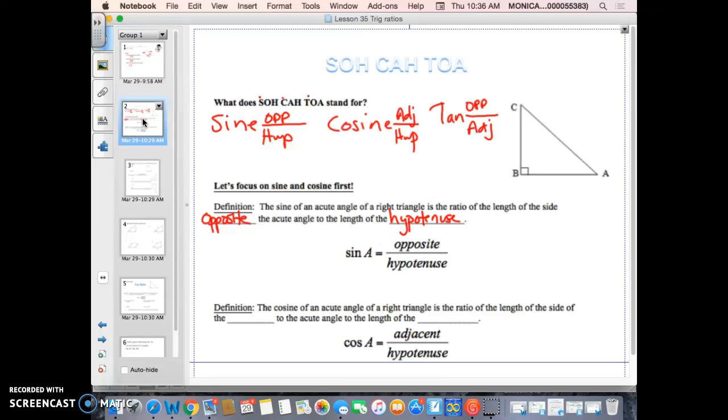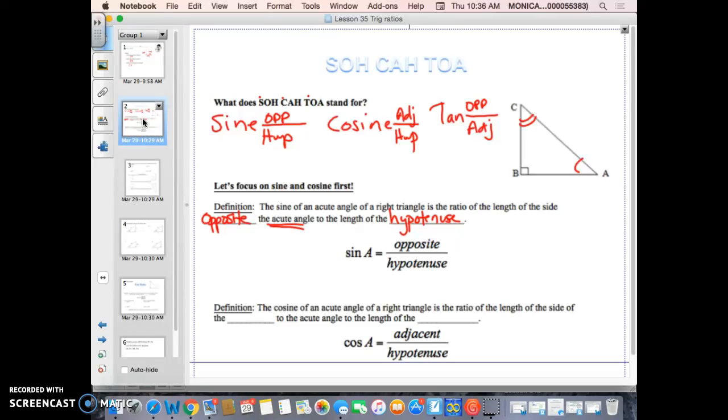And the key here is that it always says the acute angle. Both angle A and angle C are going to be acute because they're less than 90 degrees. You cannot use the 90-degree angle in your ratio.